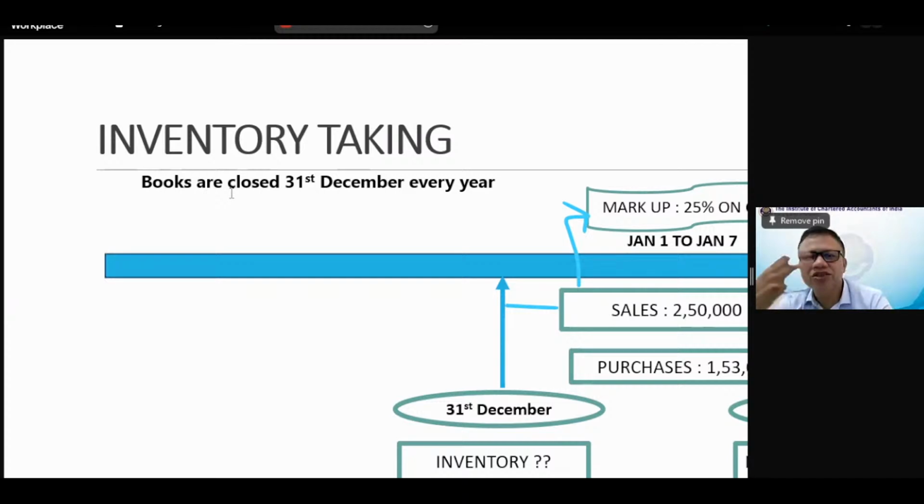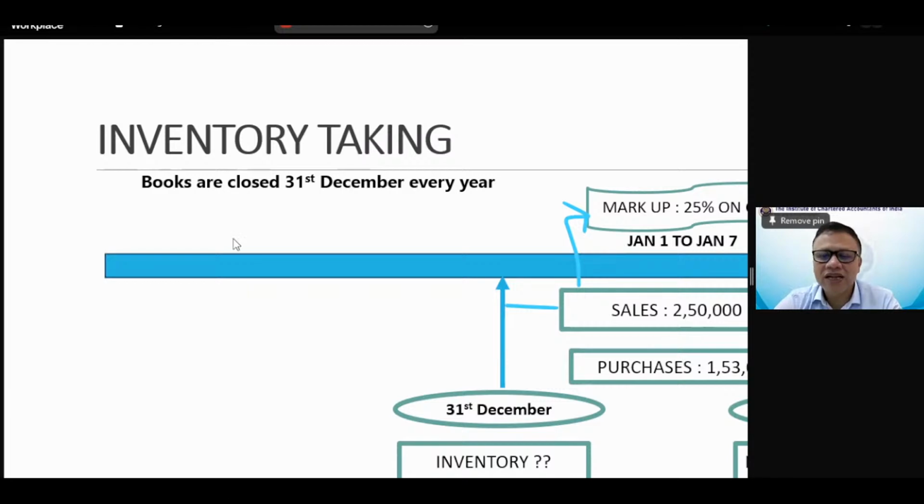If you see the question, for 31st December you have to know the inventory status. You know the inventory status on 7th January, but I have to know the inventory status on 31st December.